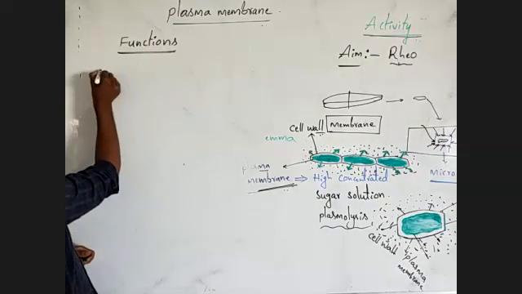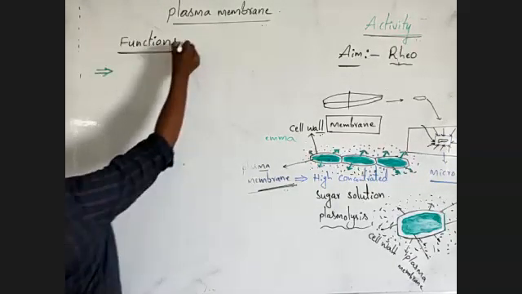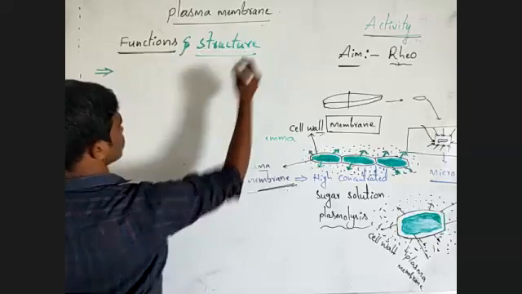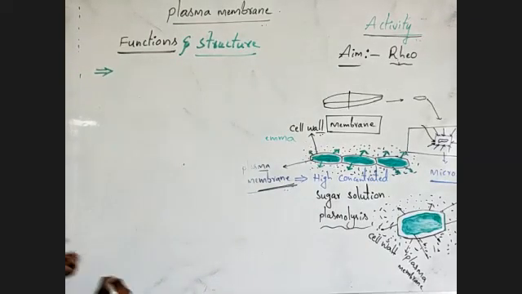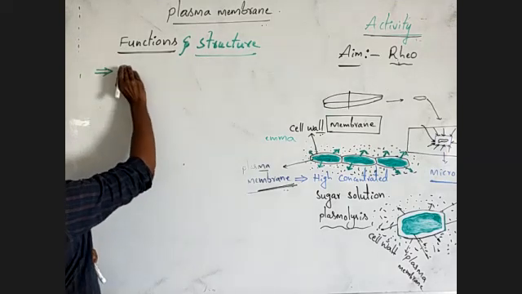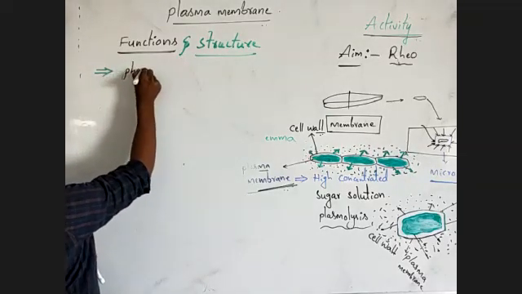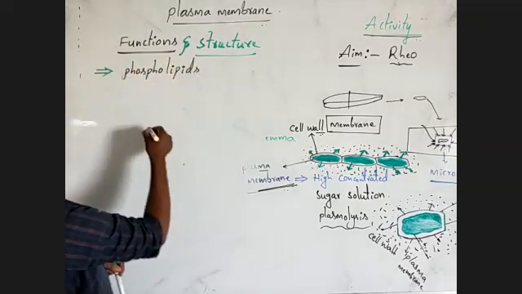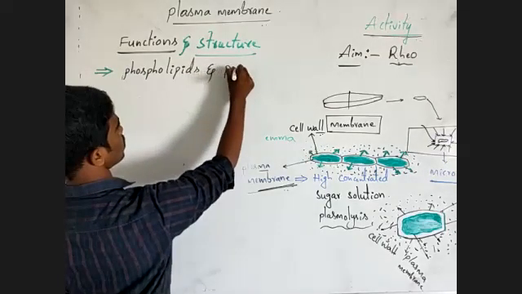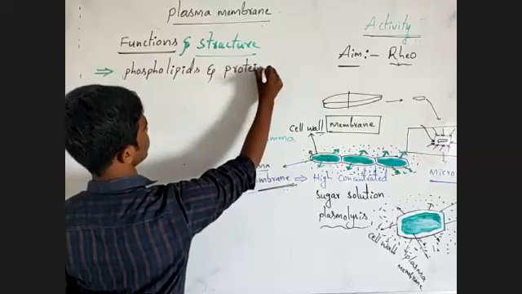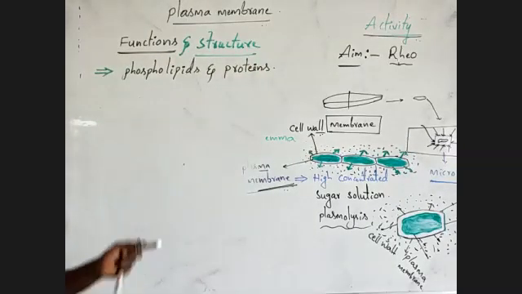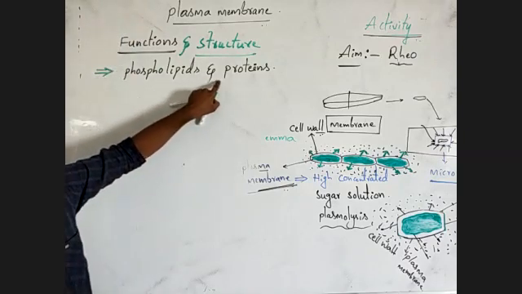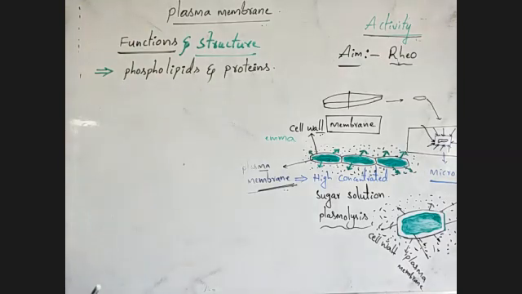Here, the plasma membrane and its structure. The plasma membrane is made up of phospholipids and proteins.